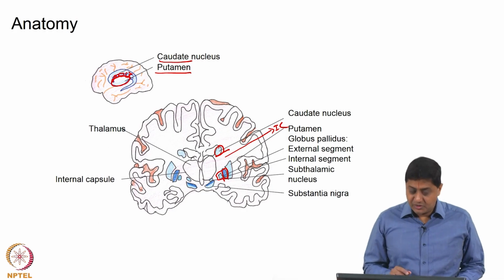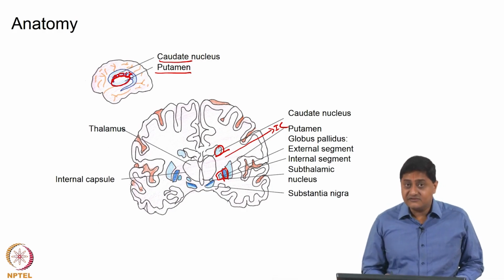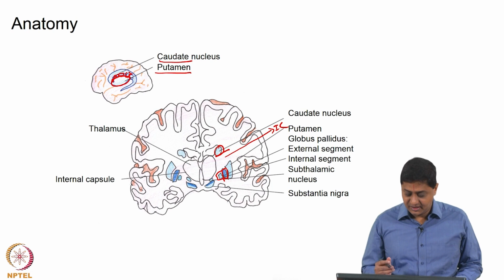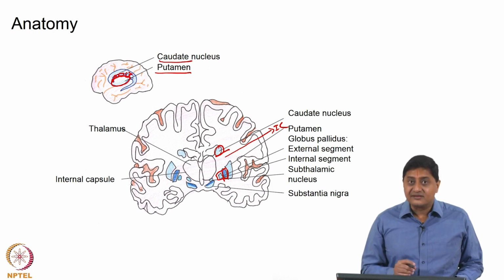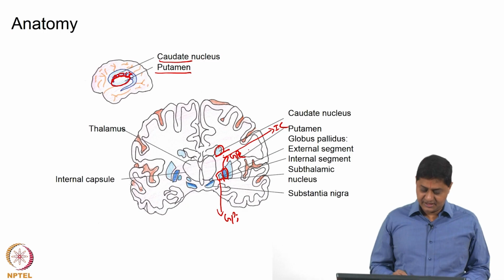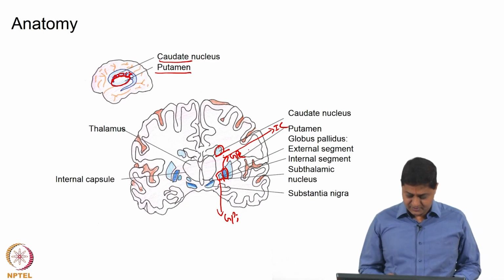Medial to the putamen you have globus pallidus, that is divided into two distinct nuclei called the globus pallidus internal and the globus pallidus external. The most medial of the nuclei is called globus pallidus internal, GPI, and the more lateral one among the two is called globus pallidus external, or GPE, right.